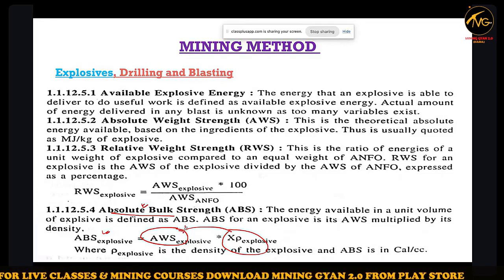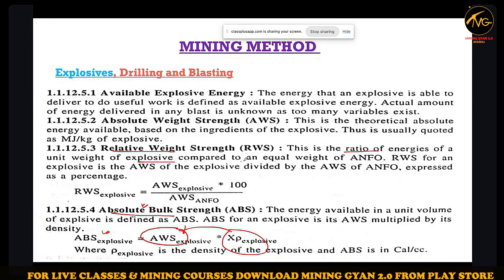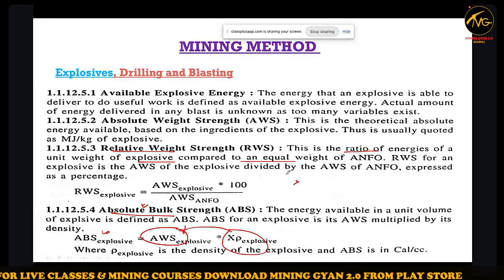Then you should know RWS is a relative weight strength. That means this is the ratio of energies of the unit weight of the explosive compared to an equal weight of the ANFO. If they ask in your numerical section, I will definitely discuss it later.